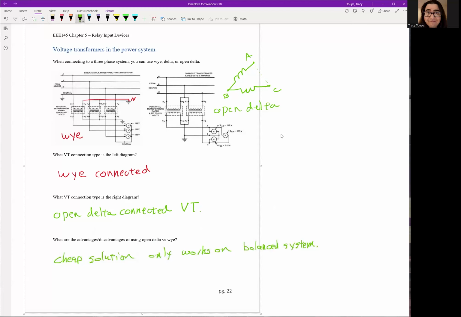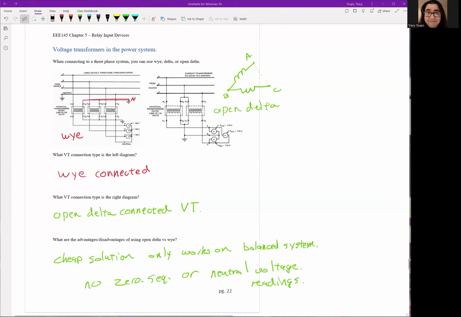I'll go ahead and write: no zero sequence or neutral voltage readings. I guess you could technically try to read it, but it's going to be really, really wrong, so I would not. Again, Y-connected and delta connected are preferred, but if you see open delta, don't freak out. That's a viable solution. It's just a cheaper version of it.